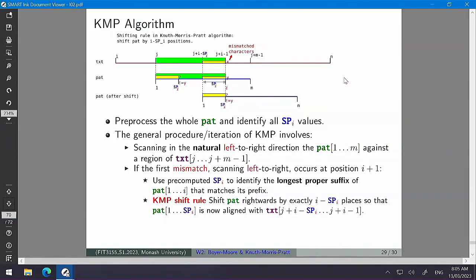It should be, what would be the length of the longest proper suffix that matches the prefix such that this character is an x. Now, the reason we don't do it in the first treatment of this problem is because think about what x is. X is a character in the text.